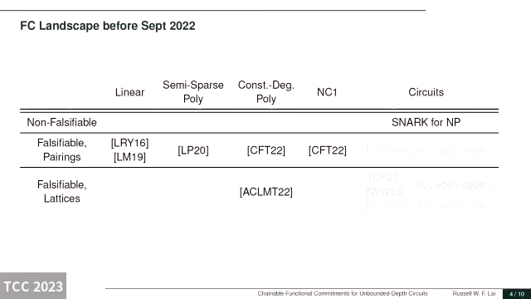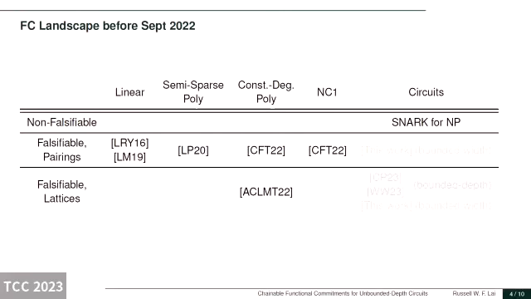But as I said in the previous slide, this requires non-falsifiable assumptions and it's not very satisfying. So if we stick to falsifiable assumptions instead, then over the years we managed to construct FCs for ever more expressive functionalities, ranging from linear functions to semi-sparse polynomials, constant degree polynomials, or even NC1 circuits.